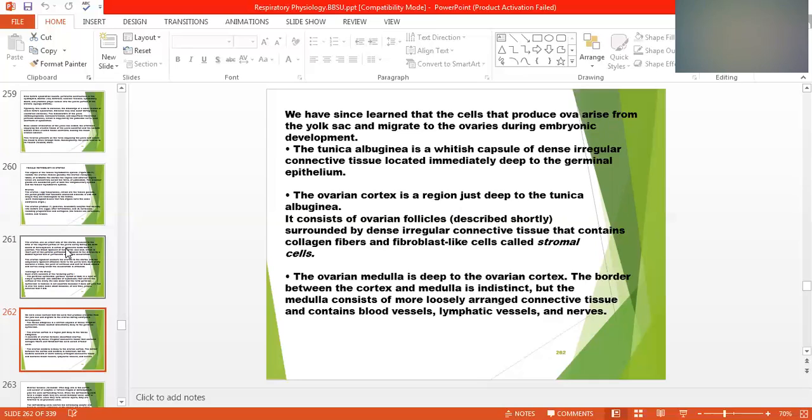It consists of the ovarian follicles, described shortly, surrounded by dense, irregular connective tissue that contains collagen fibers and fibroblast-like cells called stromal cells. The ovarian medulla is deep to the ovarian cortex. The border between the cortex and the medulla is indistinct, but the medulla consists of more loosely arranged connective tissue and contains blood vessels, lymphatic vessels, and nerves.